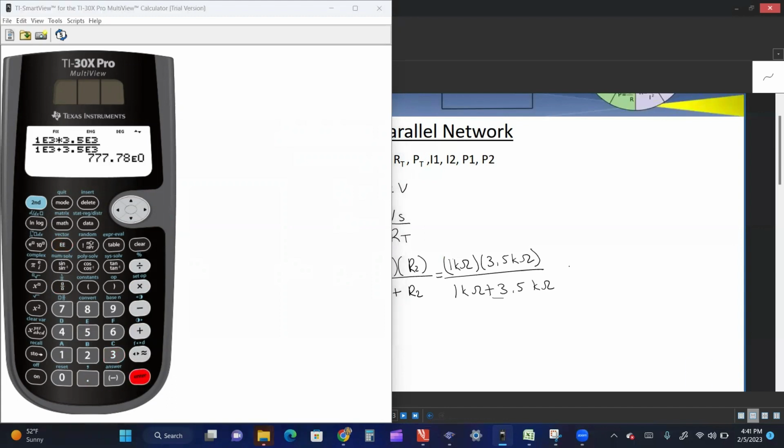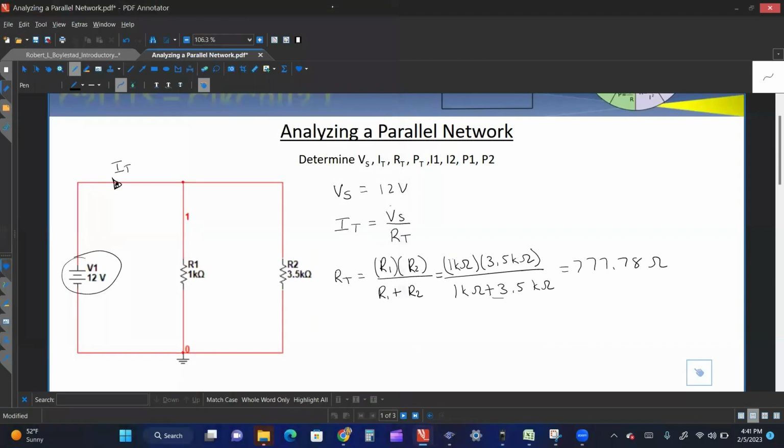All right, and so we get 777.78 ohms. All right, so that's our total. So far we found this one, and we found this one. So that's our total.